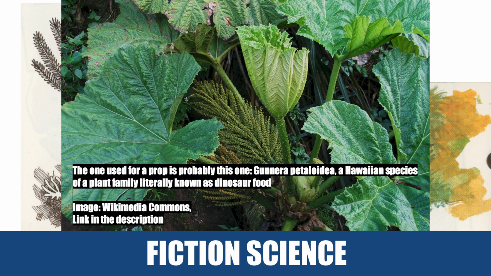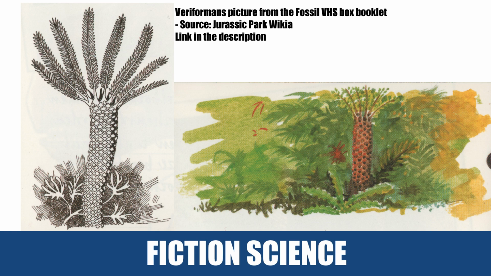And that one is clearly a more modern plant. So Serena variforman, or the variforman of no specific name, both are fictitious, often gets mentioned as a scientific error or logical error in the movie, because while they explain how they created the dinosaurs, they never explain how they create the extinct plants.